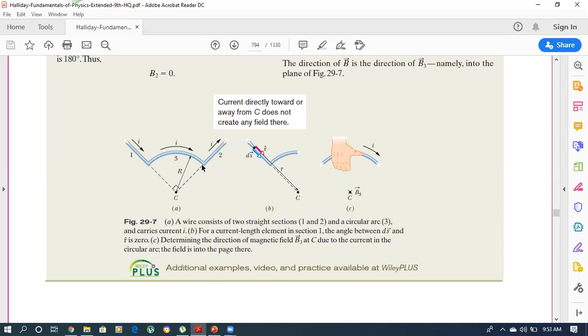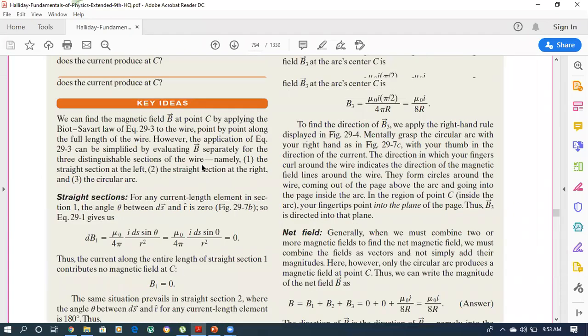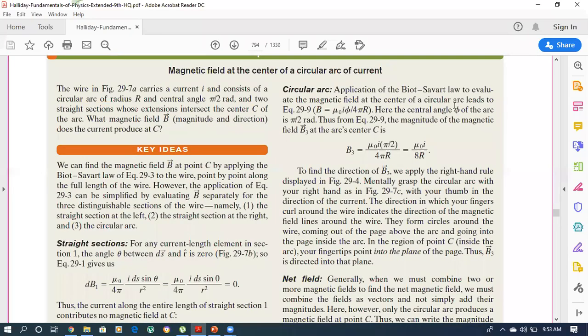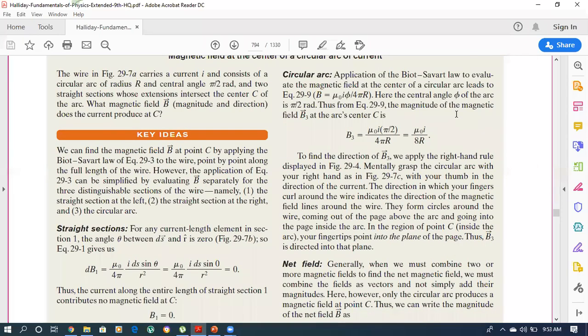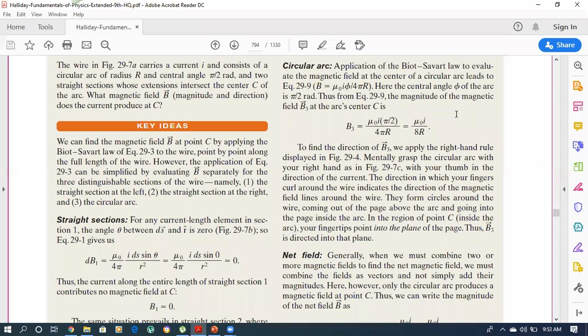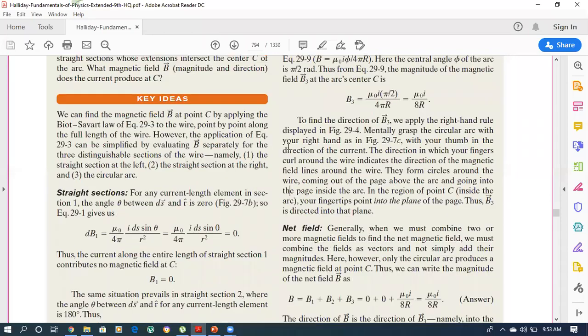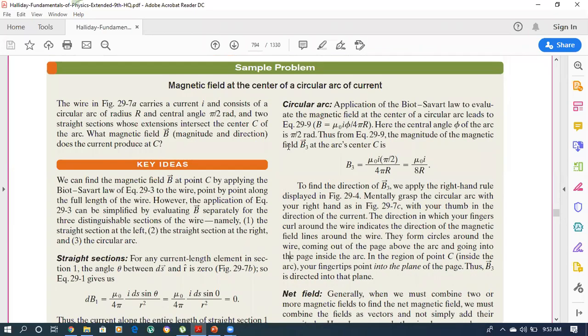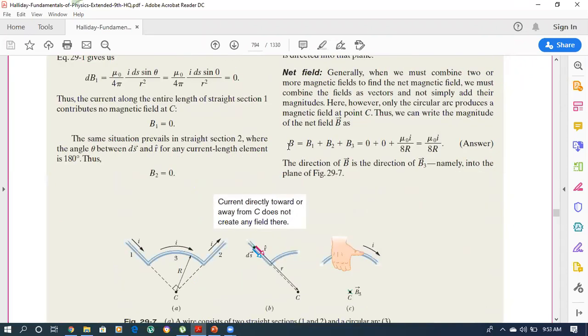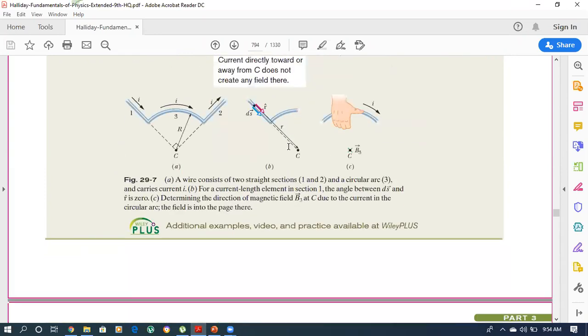That is why I have put the angle as pi by 2. Its explanation is also given here: the center angle phi of the arc is pi by 2 radian. It may be different, it may be given. This is the general equation we are deriving here. This is not a type of numerical, rather it is a situation to try to apply the Biot-Savart law in different situations.